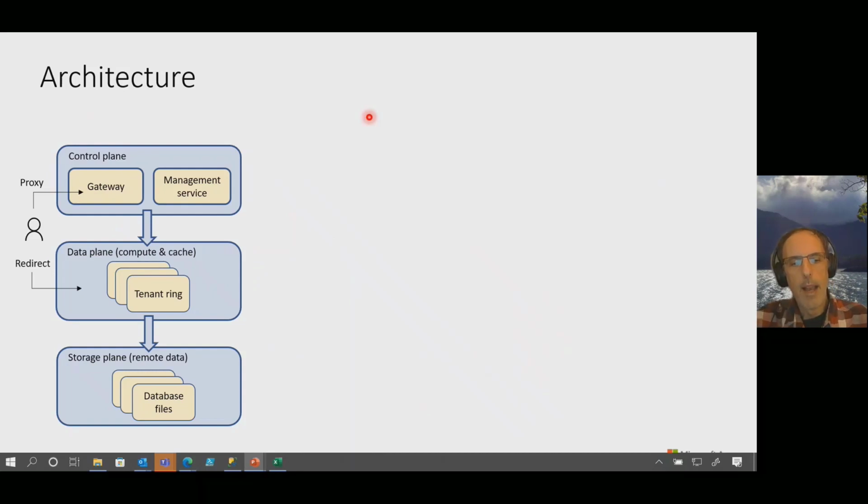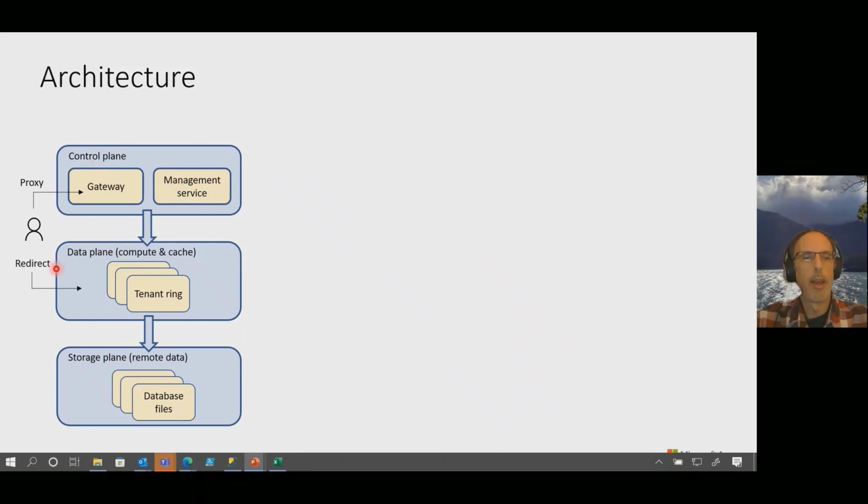So now that we have a little bit of understanding about what serverless is and how it works, it's useful to overlay that understanding on top of the architecture and connect that back to the customer performance experience. Serverless is a 3-tiered architecture. It has a control plane, which contains the gateway service responsible for connectivity and the management service that's responsible for DDL operations like create and drop.